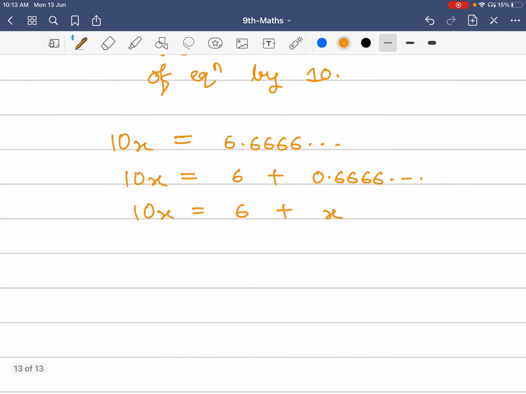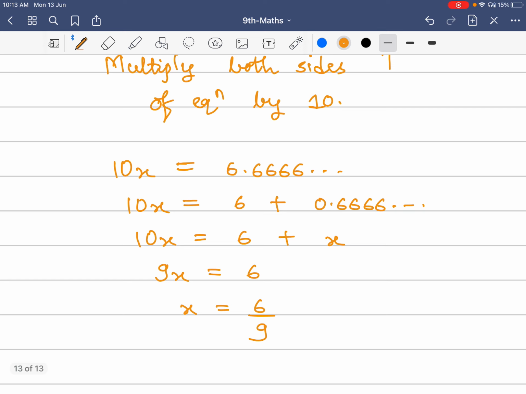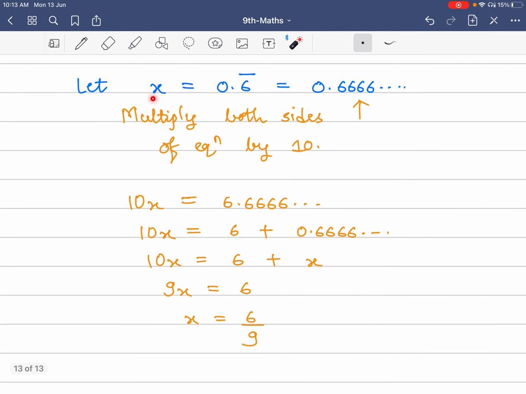Now we are going to rearrange. We get 9x as equal to 6, and thus we get x as equal to 6 by 9. But what is x? Let's go up. x is our given number, 0.6 bar. So this is also equal to 0.6 bar, and thus, let me use a box, this becomes our answer.